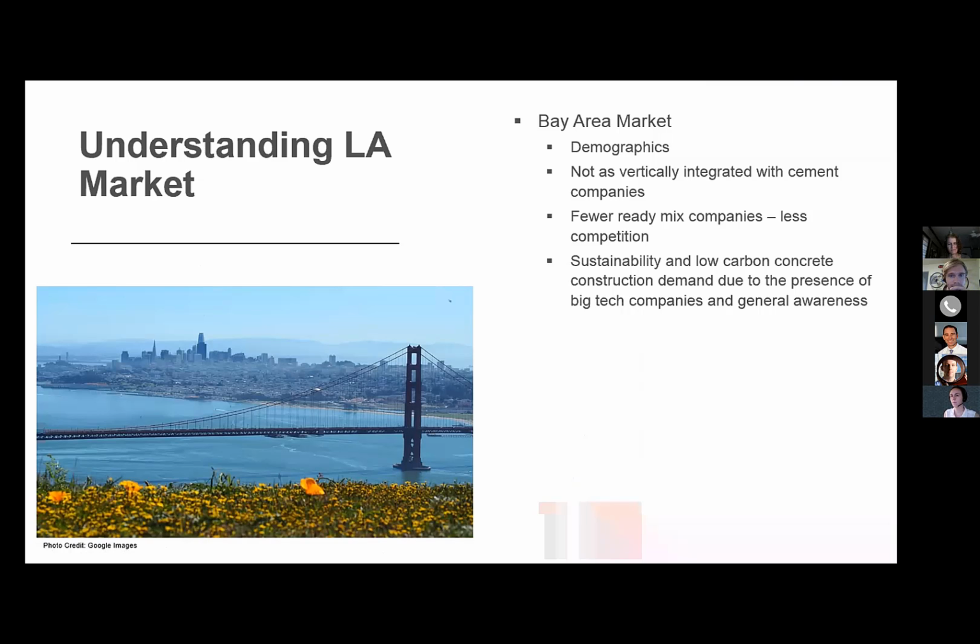So one of the items was, why was Los Angeles slow to change in terms of sustainability? Part of it is demographics. The more progressive projects and attitudes about sustainability have definitely been from the Pacific Northwest, including the Bay Area. As you move south, it's a little bit slower to change.